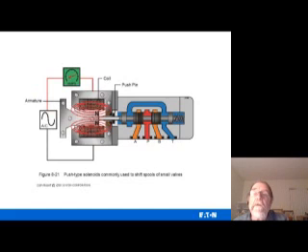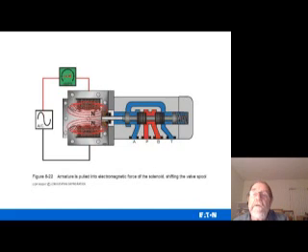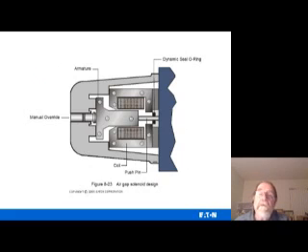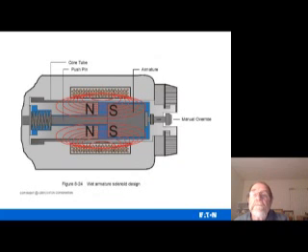You see you've got changing direction, and it's going to make it activated. Okay, and this is another type. It's an air gap solenoid, and then here's a wet armature type.